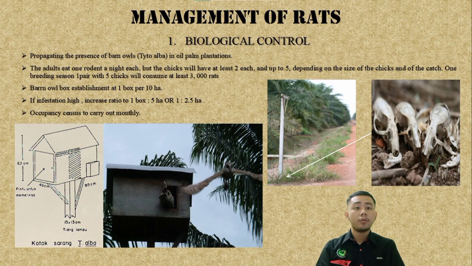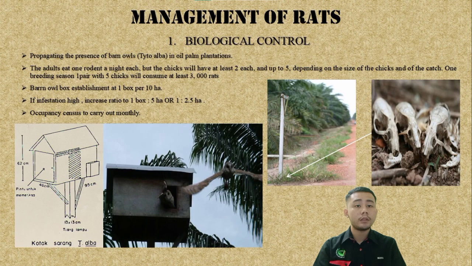So what we have to do is install barn owl boxes at 1 box per 10 hectares. As you can see in the pictures on the right and above, that is an example of a barn owl box.